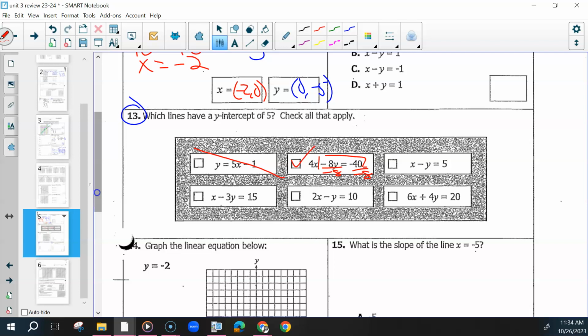Here, what would I divide by to get y by itself? -1. Would that give me a positive 5? No. Here, divide by -3. Would that give me a positive 5? No. Divide this one by -1. No. Divide this one by 4. Yes.